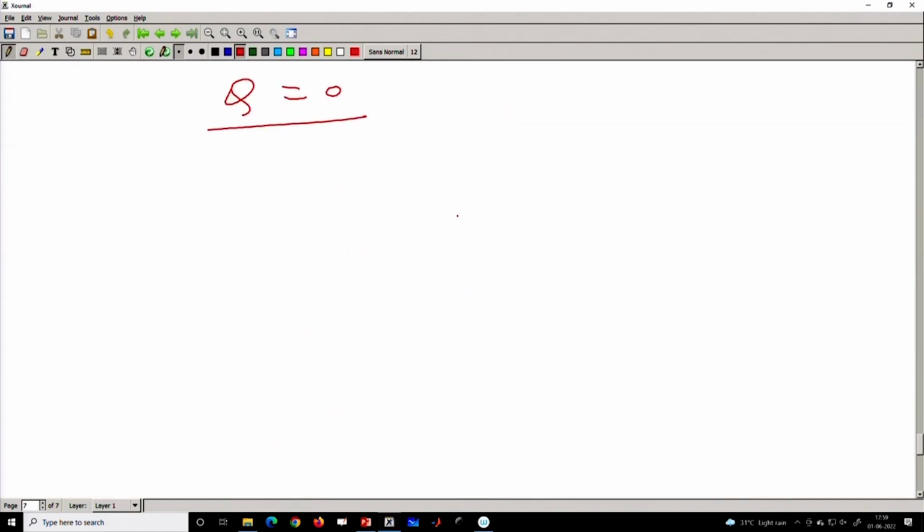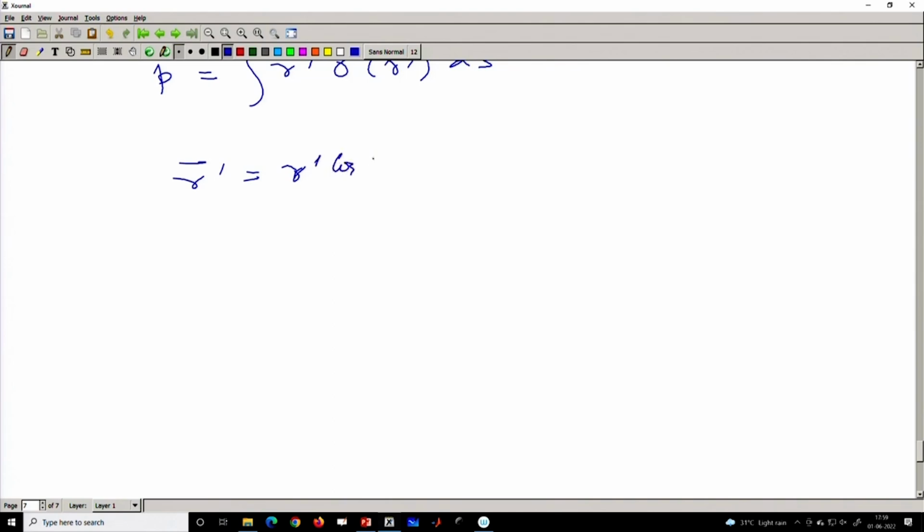What about the dipole moment? For dipole moment P, we know our expression, it should be the integral of r prime sigma at r prime ds prime. So, this is by definition the dipole moment. R prime here is the location of the point, and this is r prime cos theta x plus r prime sin theta y.